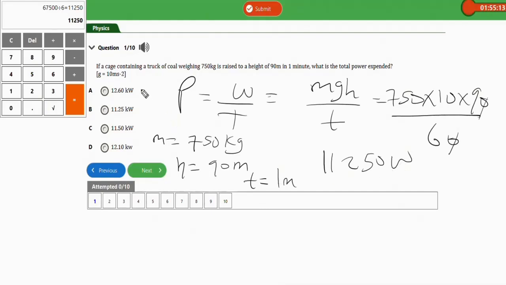That's the answer, but they left it in kilowatts. So this is equivalent to 11.25 kilowatts. So the correct option in this question is what? Option B, 11.25 kilowatt. That's it for this particular question. Let's wipe this now and solve the next repeated question.